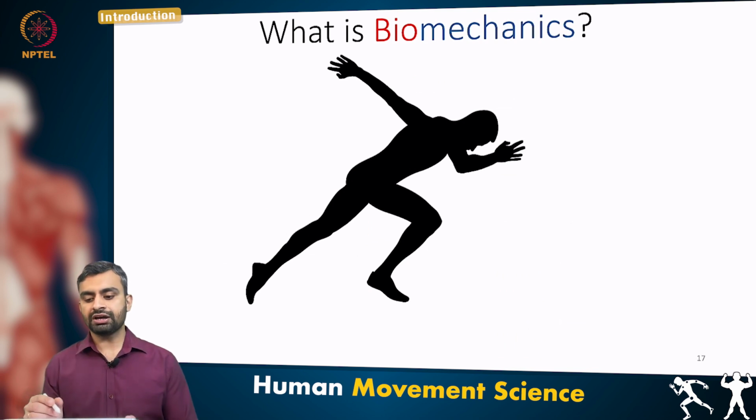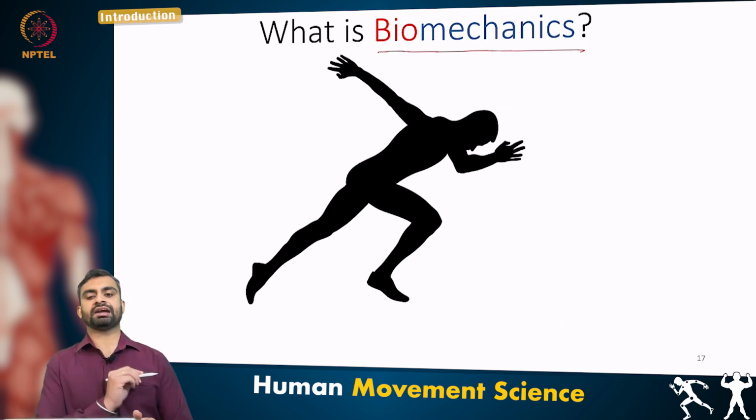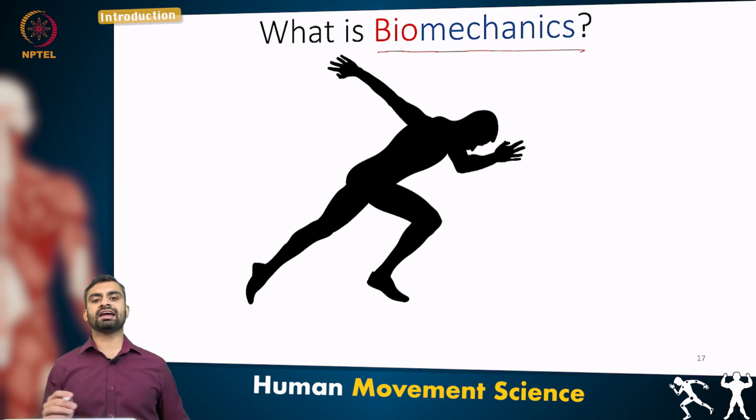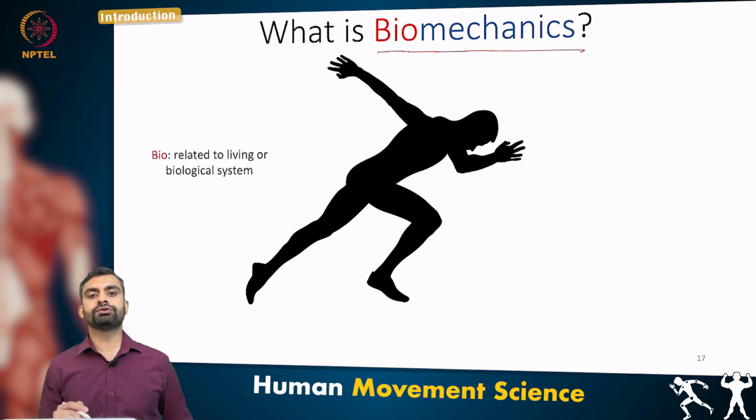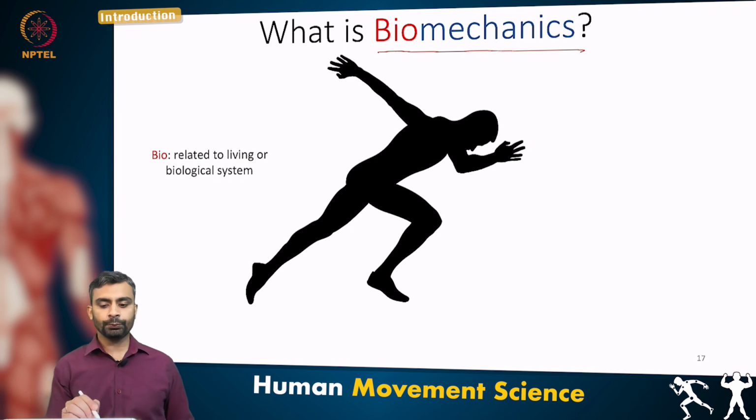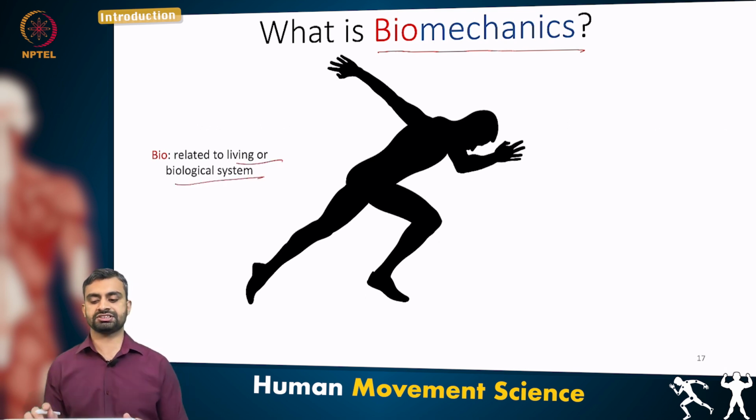Since we are introduced to the word biomechanics, let us look at what biomechanics is. As we know, it is made up of two words. The first word is bio. Since bio is included, it has to do with living or biological systems.